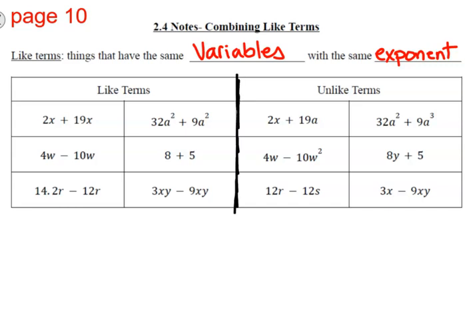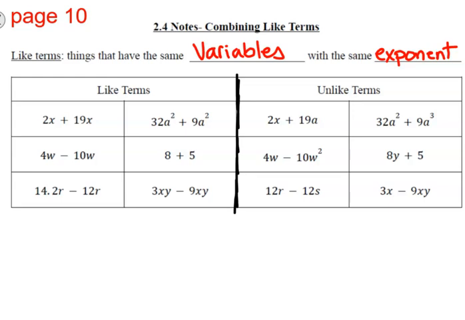On the left-hand side in each box are like terms that you could perform the addition or subtraction of. So notice they either both have an x, a squared, w. Even if there are no letters, that makes them like terms. The point is they need to match.